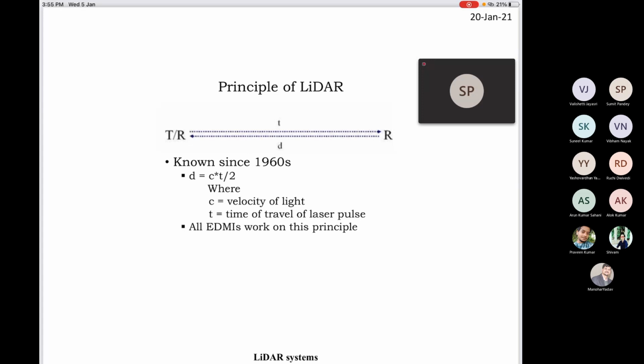So by using this simple formula, the distance traveled by a laser beam from the laser source to the target is equal to C into T by 2. The principle of LiDAR came into existence and has been known since the 1960s, and all the electronic distance measurement instruments, EDMI, work on this principle.